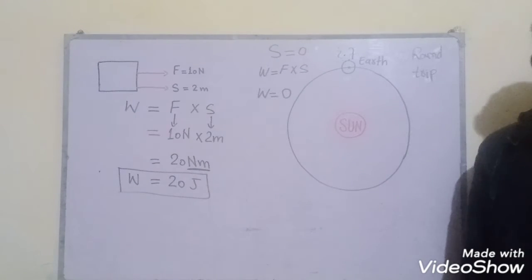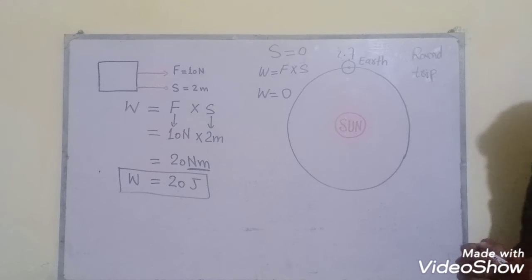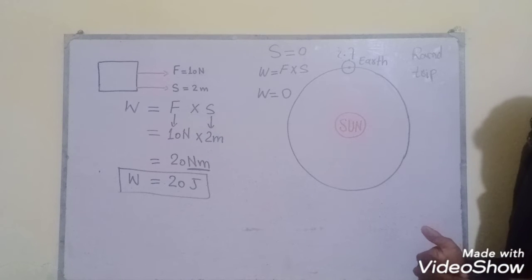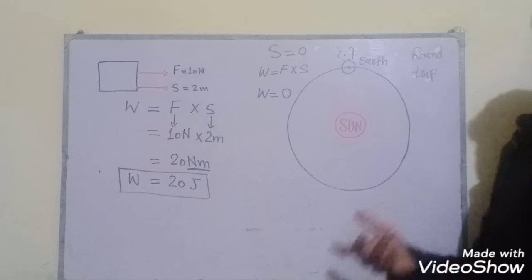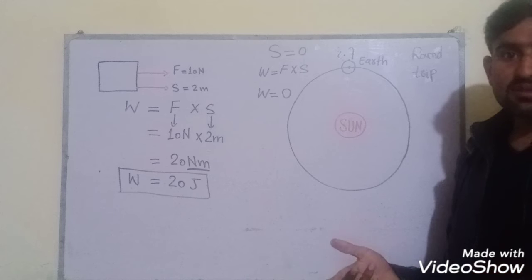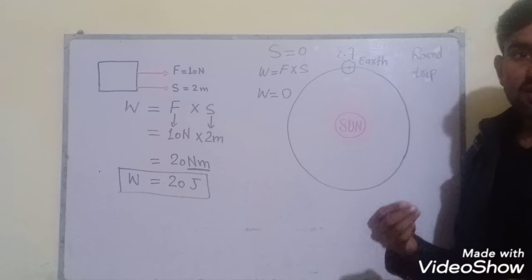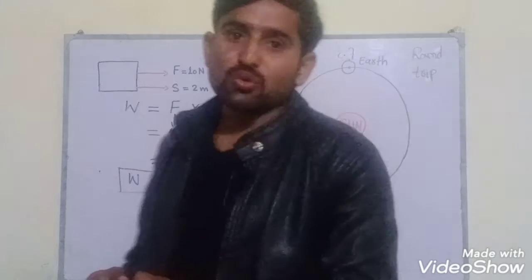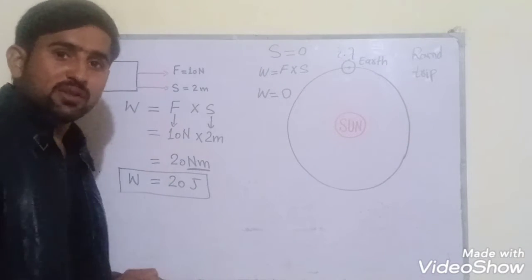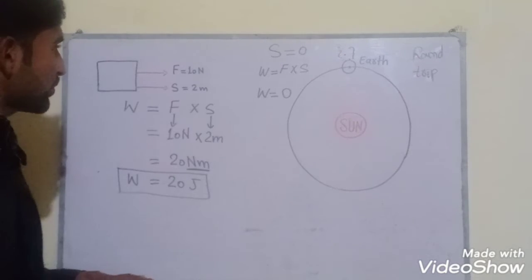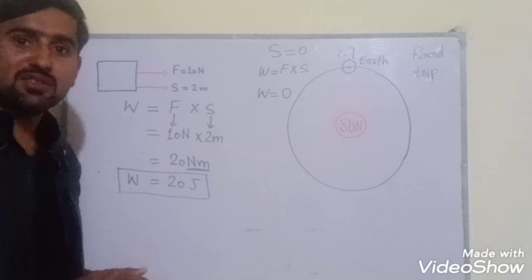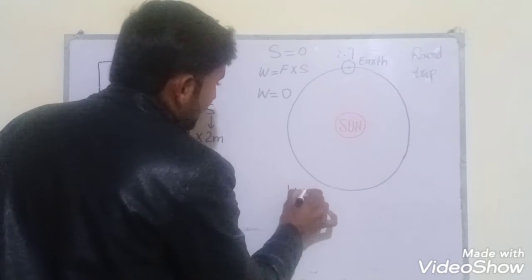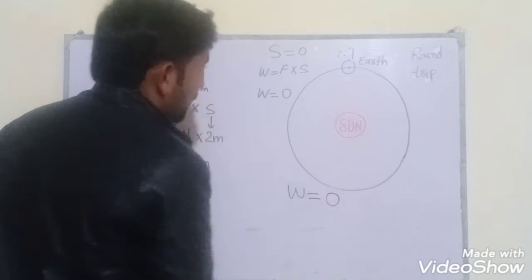When you go to school on your bicycle and return back to your home, what is the work done? Here also displacement is equal to 0 because you go back to your original position, and hence work done is equal to 0.